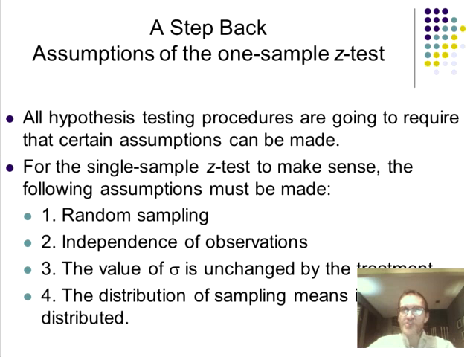So let's start with the first one, the single sample z-test. Here's an interesting little side note on statistics. You can do any damn thing you want with numbers. But if you have not met the assumptions, say for example your dependent variable is measured in the nominal scale, you could take nominal scale data and put it into a z-test.